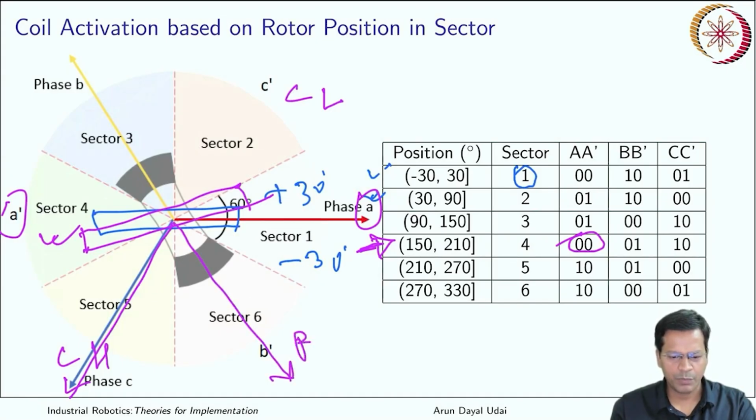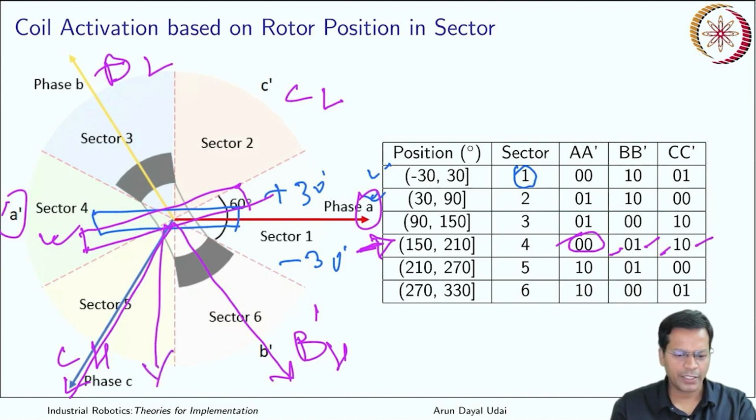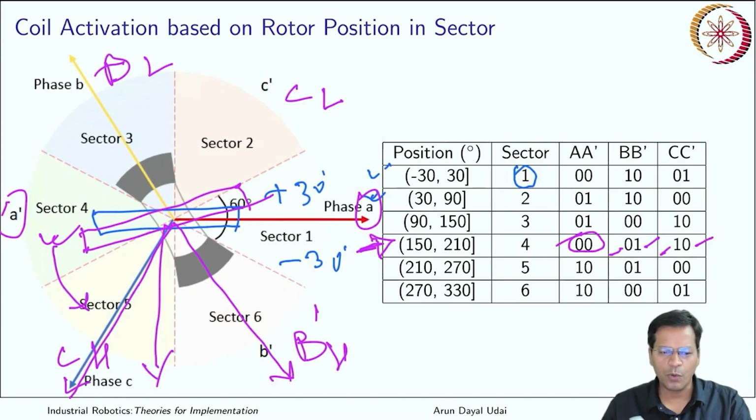That means B bar is high, B is low. So this is high, this is low. You got it. So B bar is high, B is low, and C is high, C bar is low. Effectively it creates a target which is something like this. So this will pull my rotor to this field. So hope you got it.